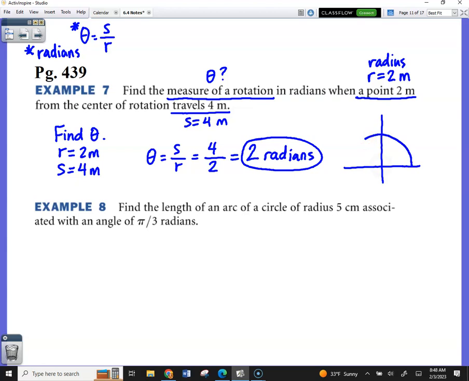Okay, so you have your arrow to show where it lands. You're good. So we are finding the theta, right, with a radius of 2 when it travels 4m. So that's the visual of what you're finding there, okay? And it was just 4 divided by 2, which is 2.